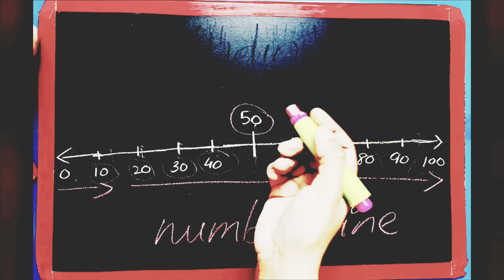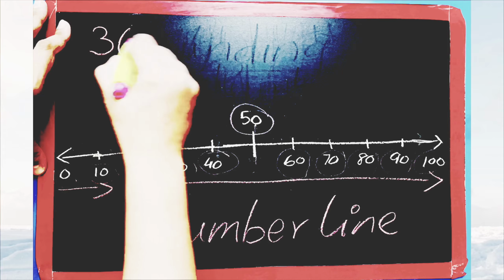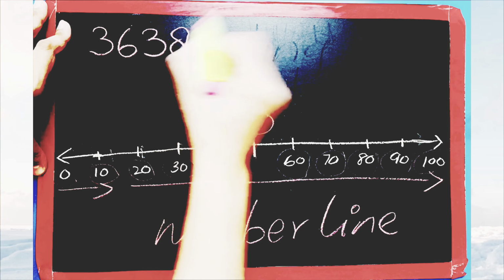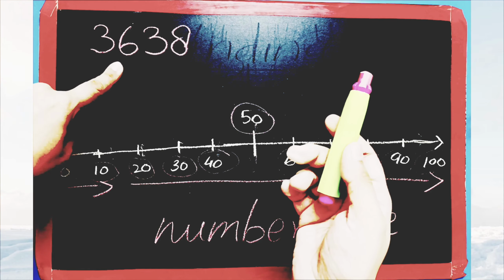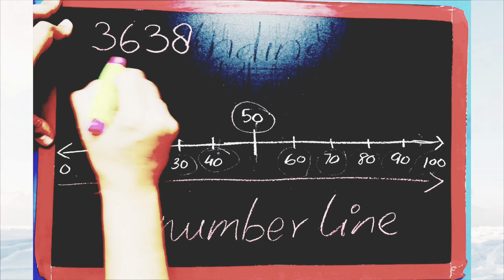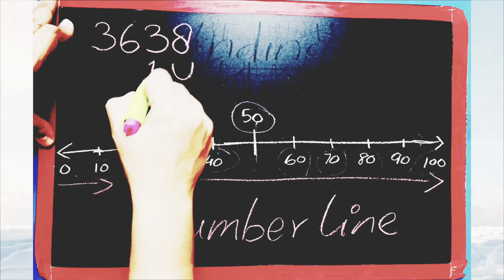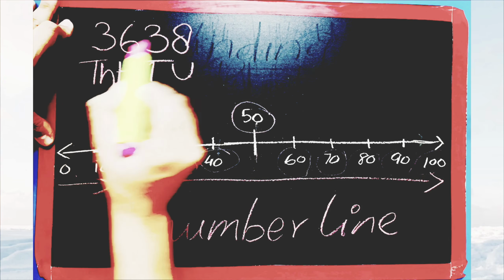So let's say we have a value of 3638. If we write it like this, what do you think, is it correct or wrong?